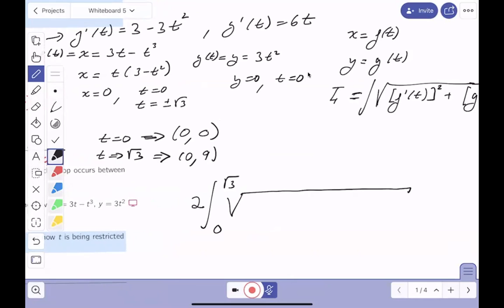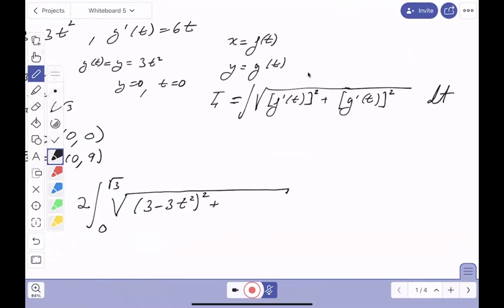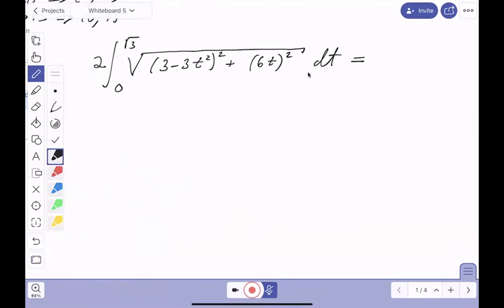So I got to square this, 3 minus 3t squared. I'll put that down. And I have to square that 6t, right? All right, I got to do some work over here.